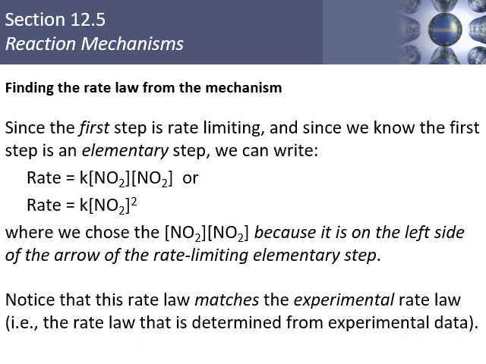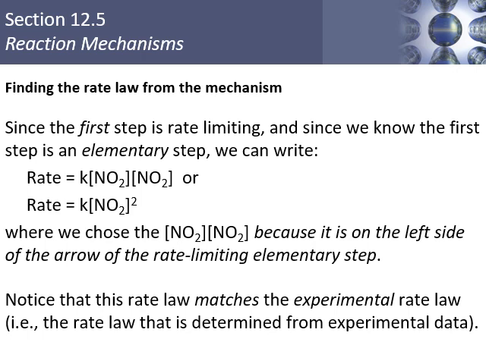And then also, we were told in the problem statement, even though I didn't read it to you, but if you go back, you'll see that it was mentioned that the first step is the rate limiting step. In other words, it's the slow step. So we can write that the rate for the overall reaction is going to be basically determined by the rate of the slow step.